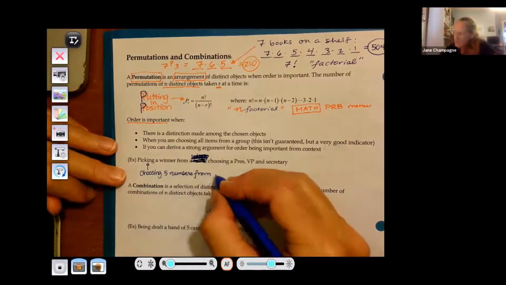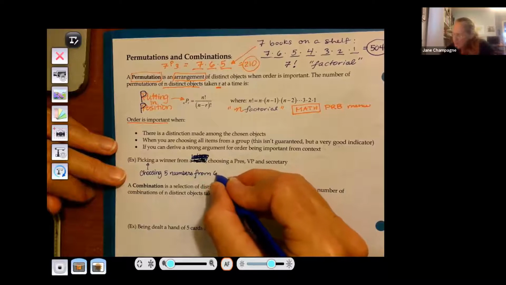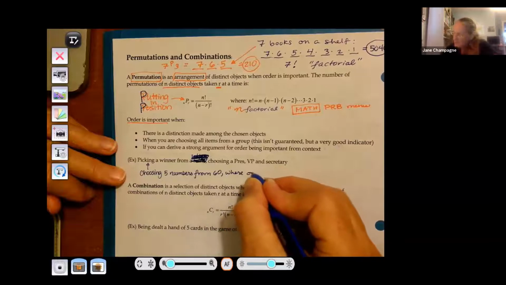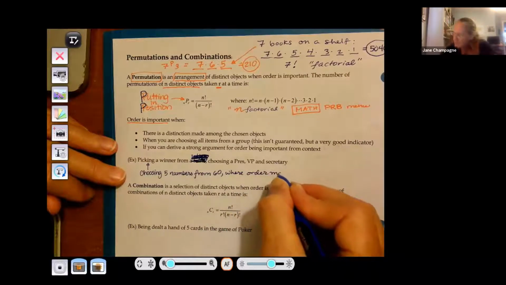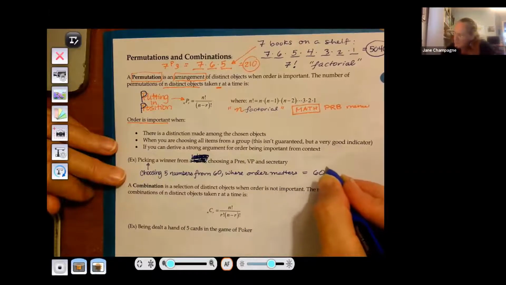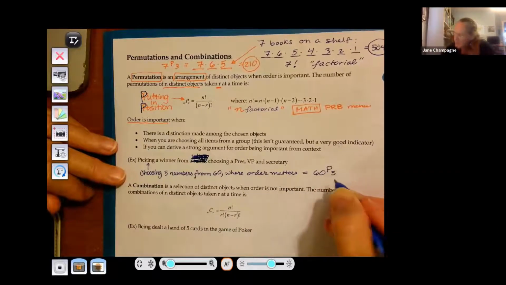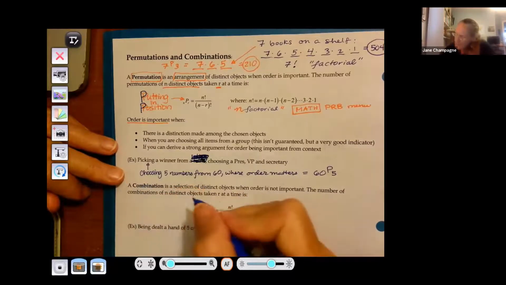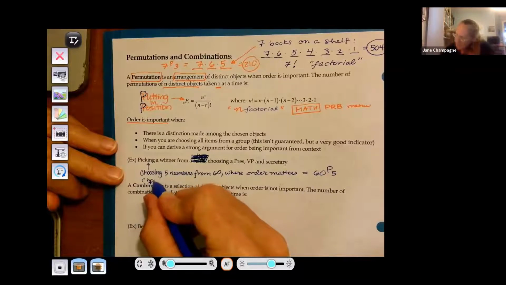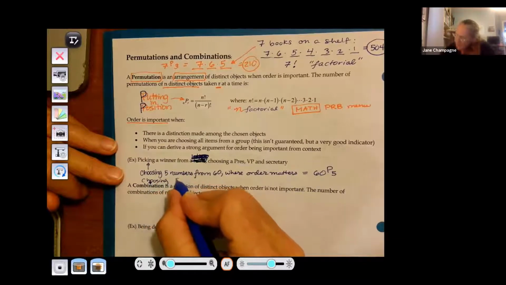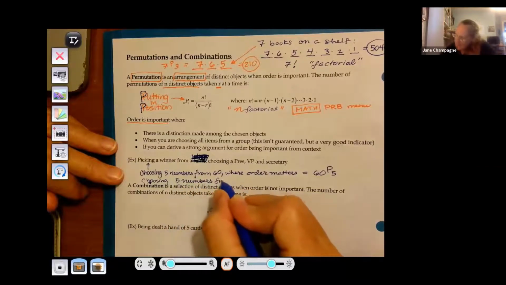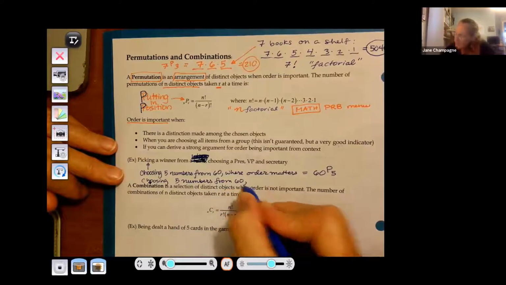Say choosing 5 numbers from 60, where order matters. Would be 60 permute 5 of them. Whereas a combination would be choosing 5 numbers from 60 where order doesn't matter.